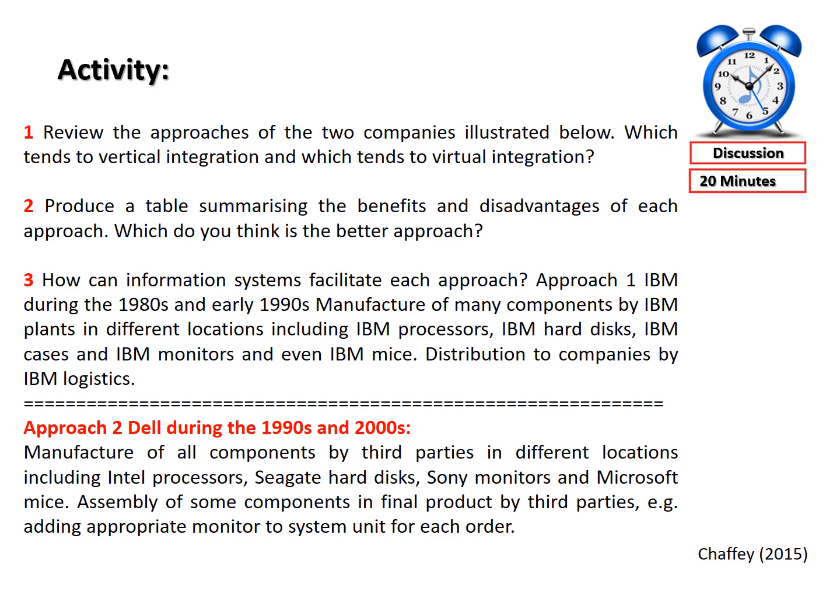Manufacture of all components by third parties in different locations, including Intel processors, Seagate hard disks, Sony monitors, and Microsoft mice. Assembly of some of the components into the final product by third parties, adding the appropriate monitor to the system unit for each unit. So, which one's which?